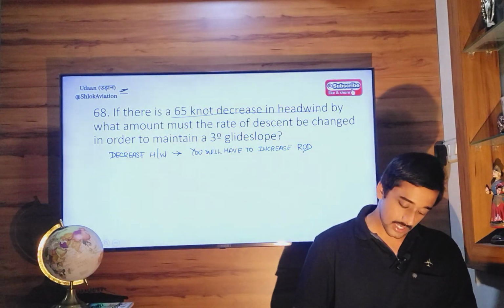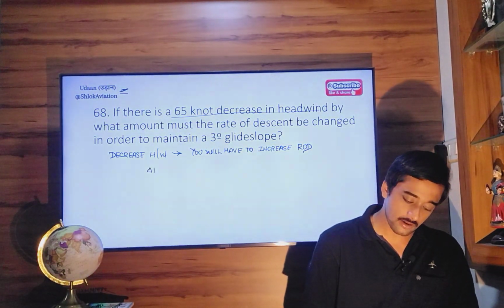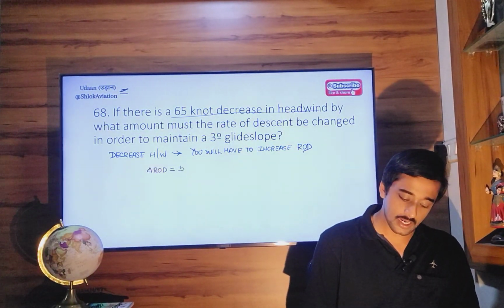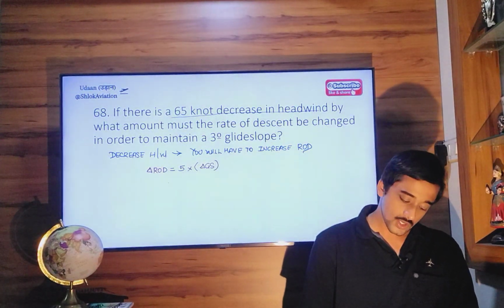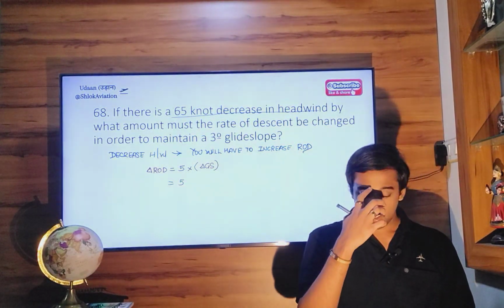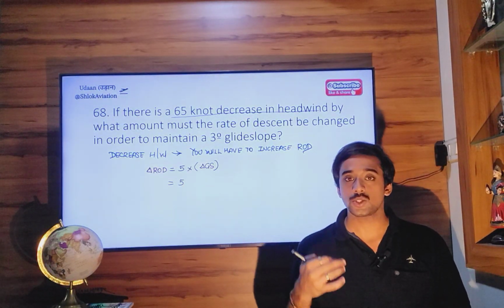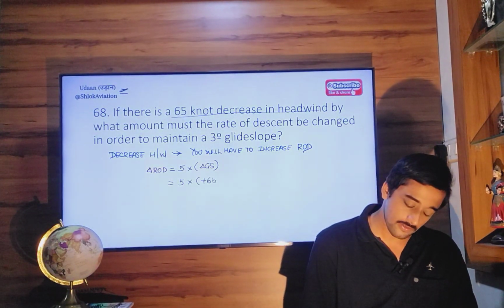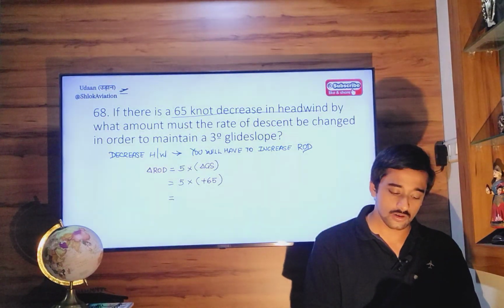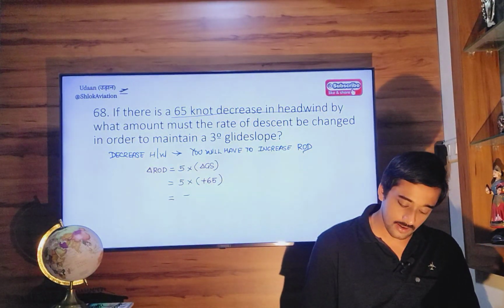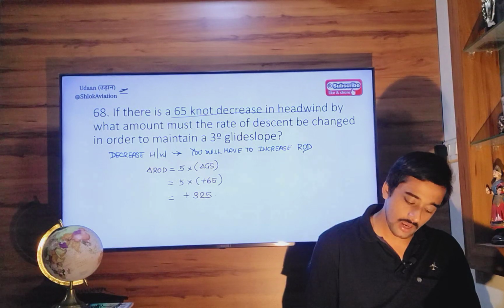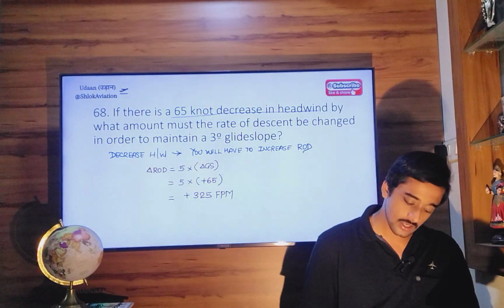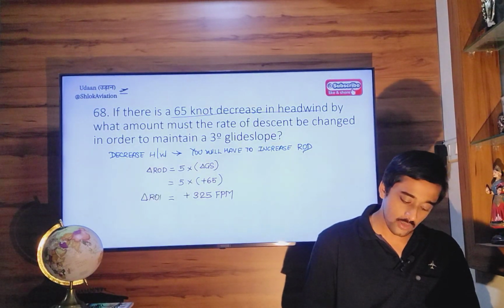That increase in rate of descent will be equal to 5 multiplied by change in ground speed. A decrease in headwind will lead to an increase in ground speed. So 5 into plus 65 is equal to 325 feet per minute. So you will have to increase your rate of descent by 325 feet per minute.